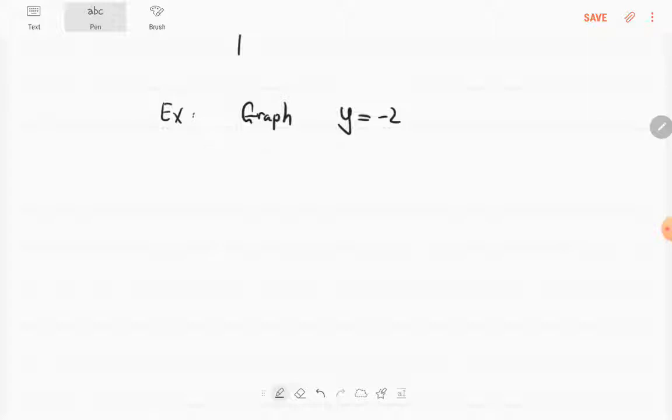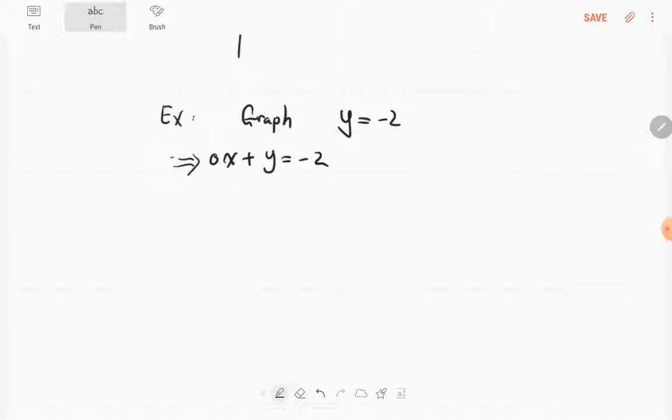We can write this into the standard form. We know this is a straight line, because we can write it into the standard form. This time the coefficient for x is 0, so that's why we do not have an x term. So we can write it this way: 0x plus y equals -2.